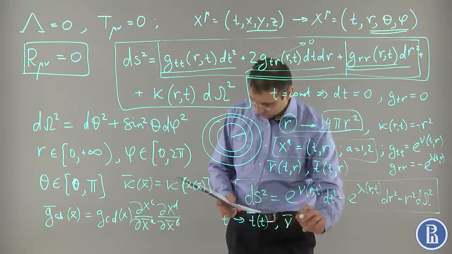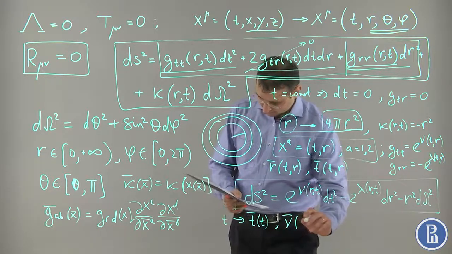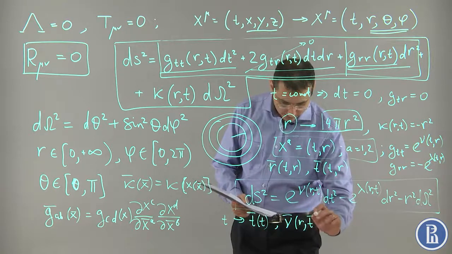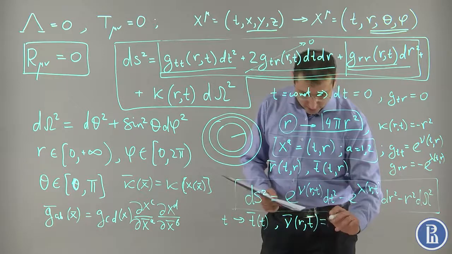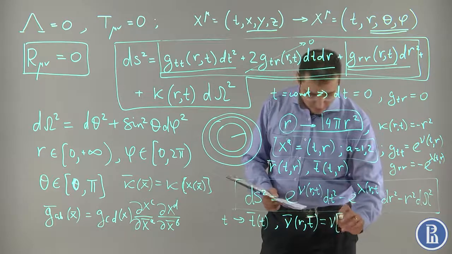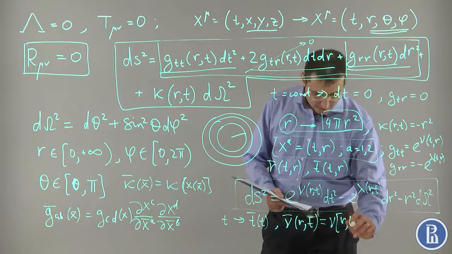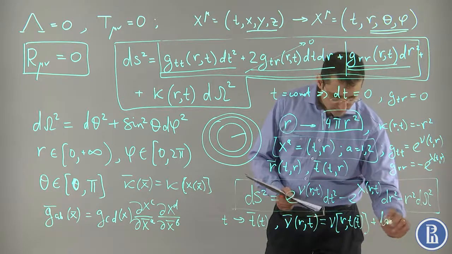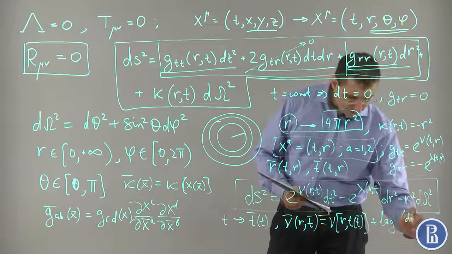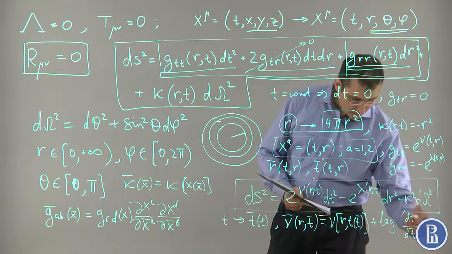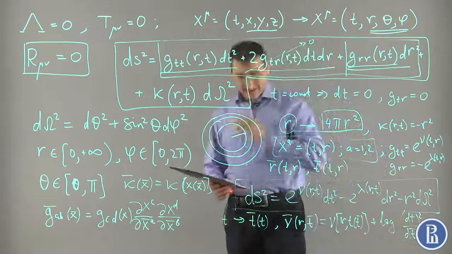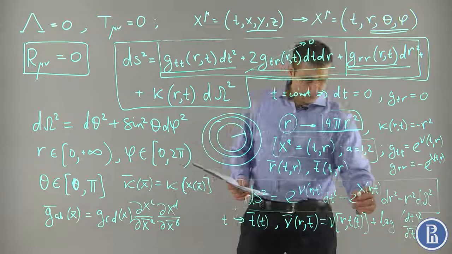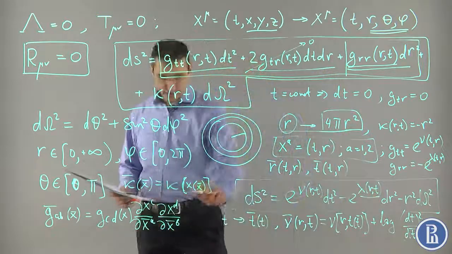So nu bar as a function of r and t bar is just the original nu as a function of r and t of t bar, plus log (dt/dt bar) squared, and lambda transforms as a scalar. Lambda transforms similarly to this.